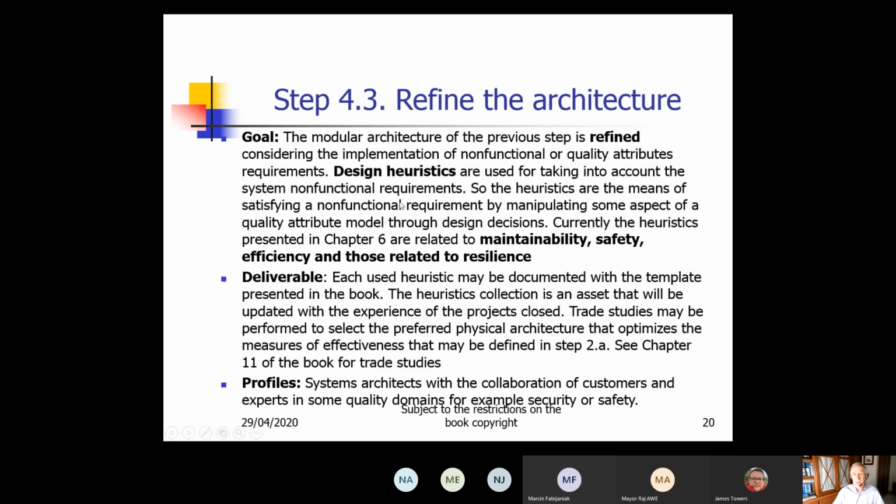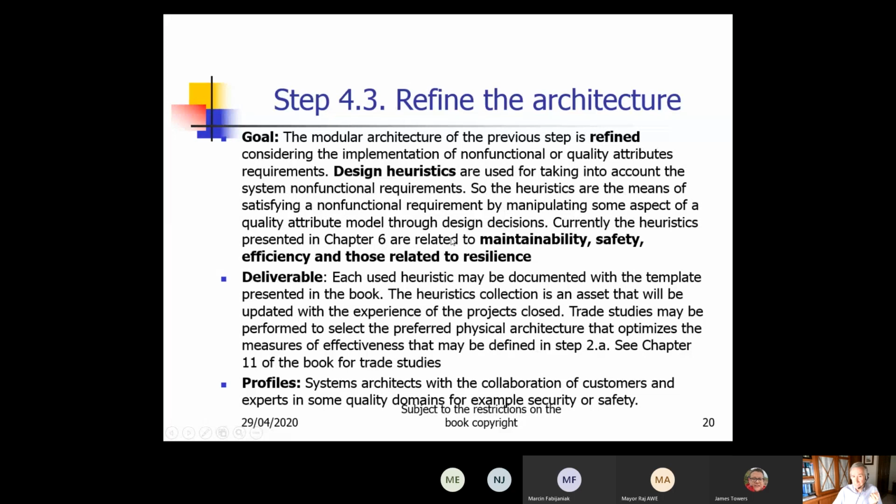The refined architecture implements the logical architecture and the design heuristics to take into account non-functional requirements, for example, related with maintainability, safety, efficiency, resilience.